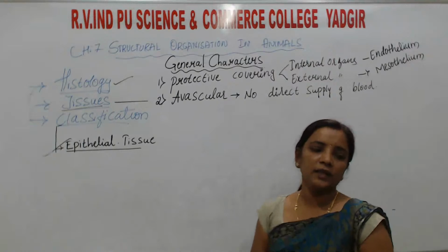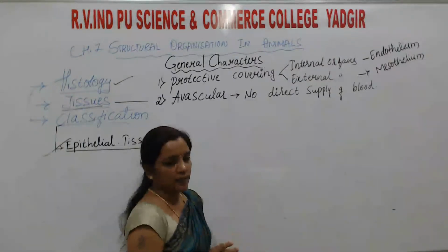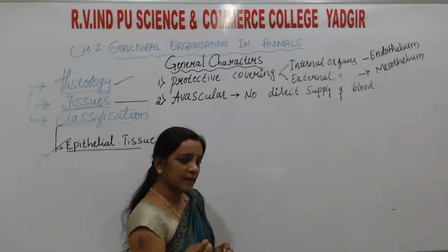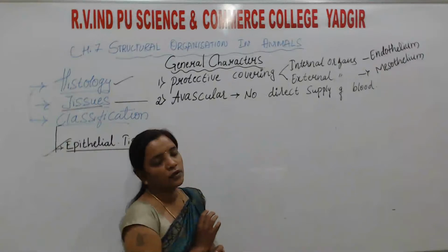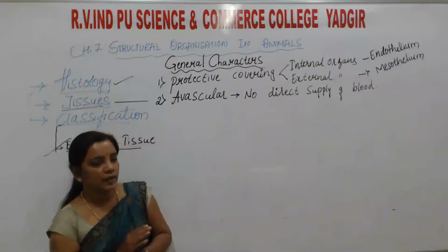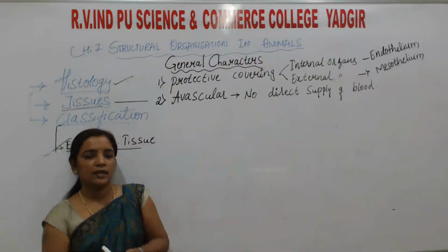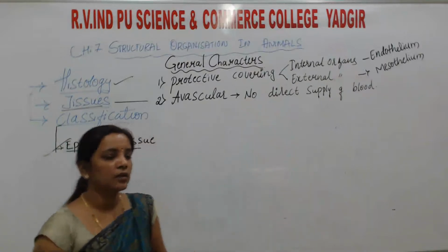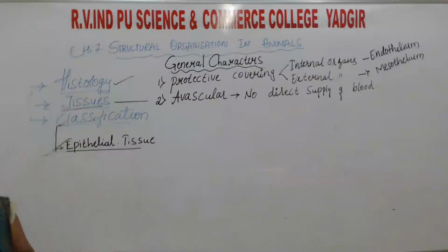Now, take an organ lined by epithelium. If that epithelium is present inside, lining the organ, it is called endothelium. If it is present on the outside covering of the body, it is called mesothelium, mesoserous. That is one of the important general characters.